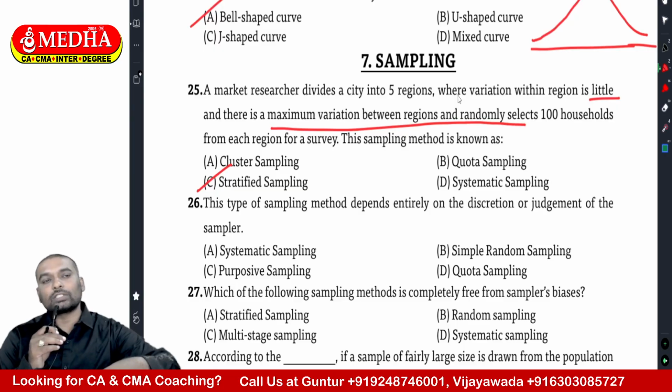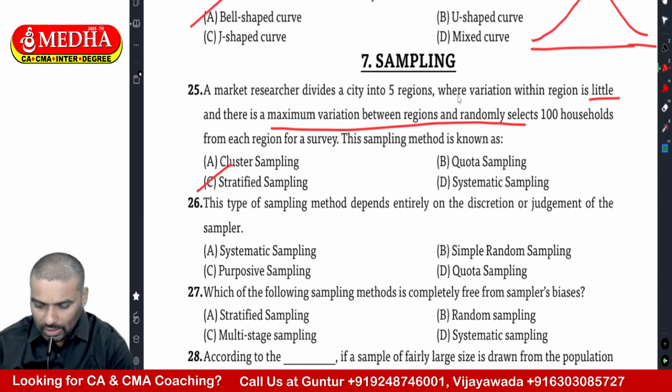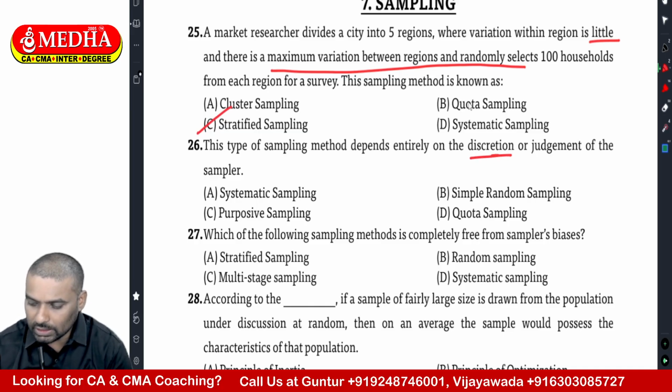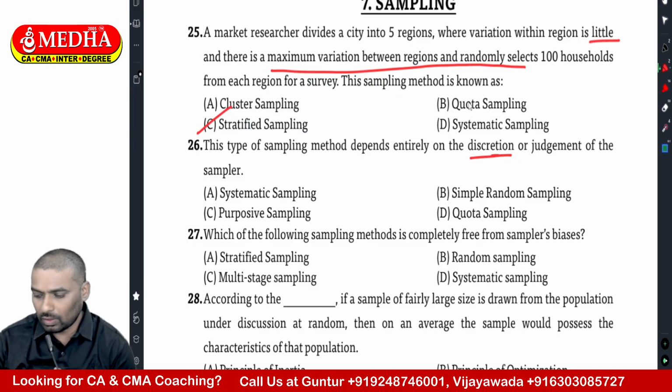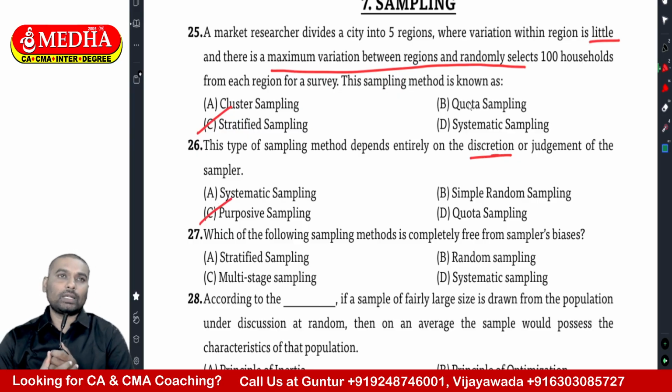Within the stratum it is homogeneous, between the strata it is heterogeneous. That's why the answer is stratified random sampling. This type of sampling method depends entirely on the discretion, meaning the opinion or judgment, of the sampler. That is judgment sampling, also known as purposive sampling or deliberative sampling.